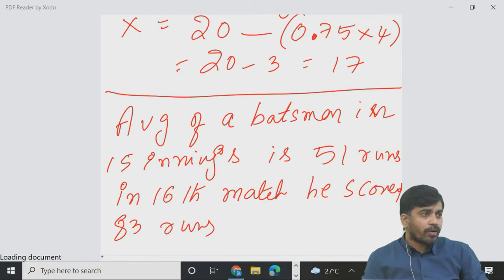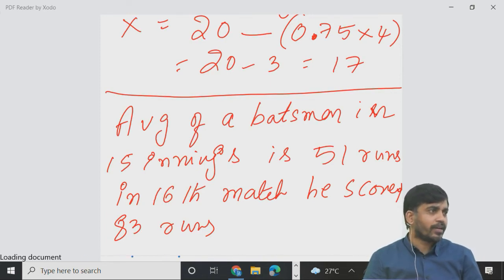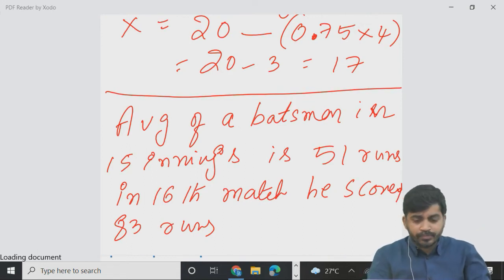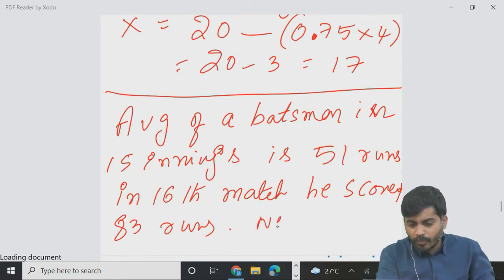He scored 83 runs. 83 is greater than 51, so definitely the mean will increase, the average will increase. Tell me what is the new average.